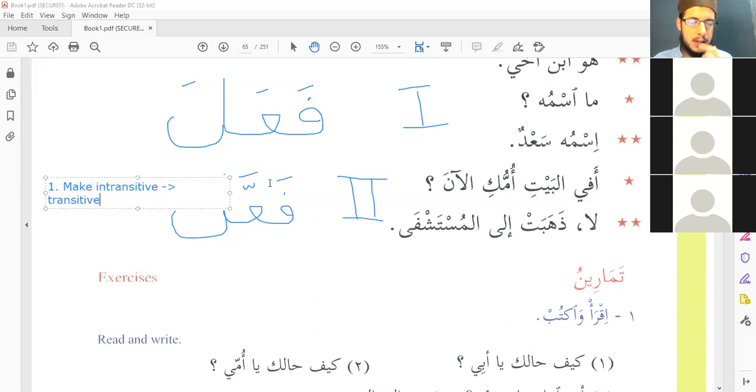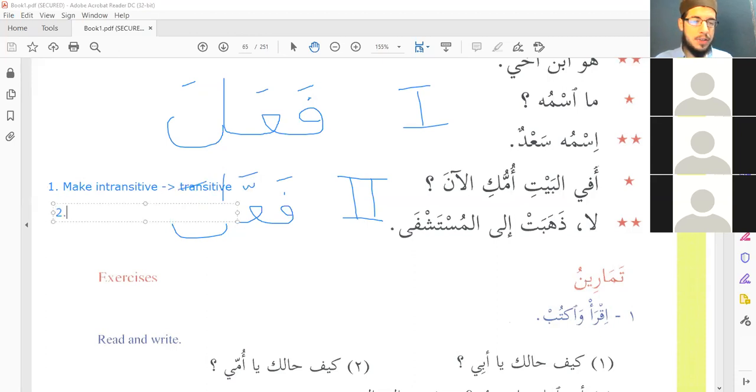Does it require an object? No. He sits is a verb that doesn't need an object, right? So jalasa has no object. Now if we double that middle letter and say jallasa, now it means not he sits, but he makes someone else sit. He sat someone down, right? So that's the first meaning that's achieved by doubling the middle letter.